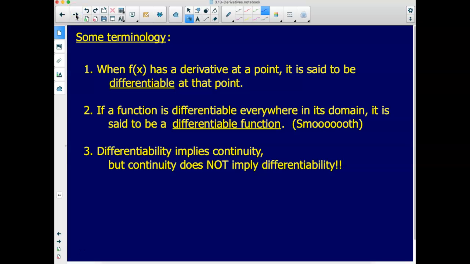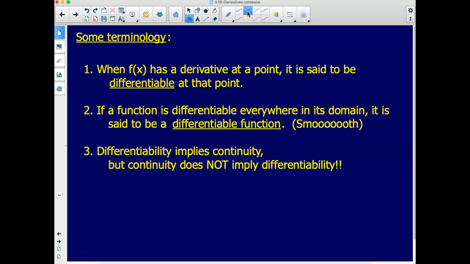A couple of terms, some terminology. When a function has a derivative at a point, that function is said to be differentiable at that point. If a function is differentiable everywhere in its domain, like polynomials, which are smooth as silk, it is said to be a differentiable function.